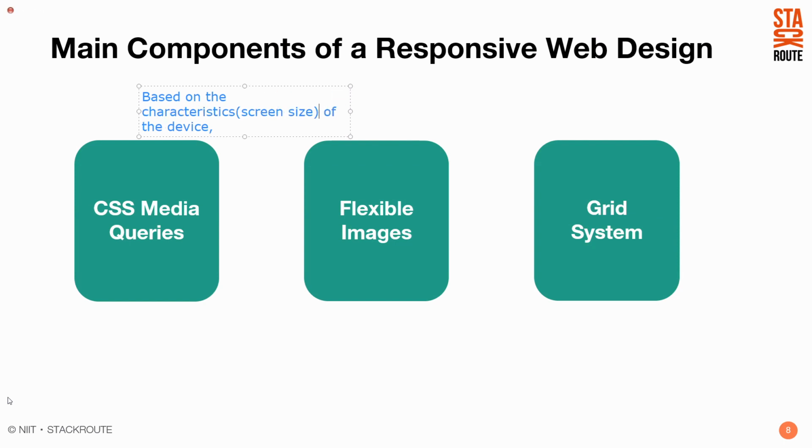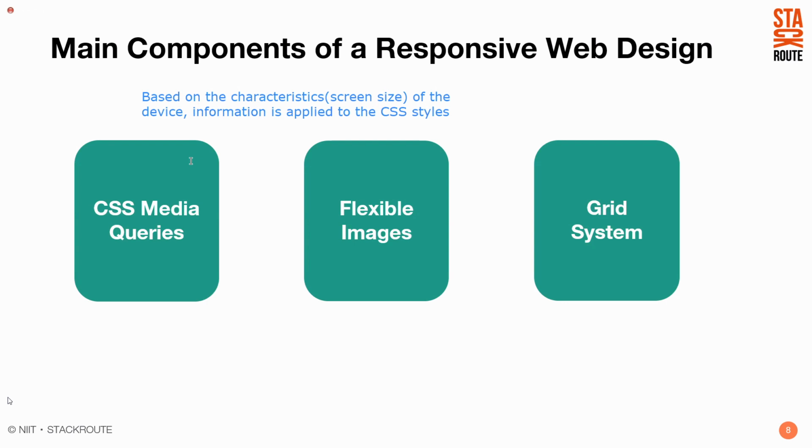Depending upon the characteristics of the device, irrespective of whatever device I am using, my CSS media query will apply the style to my information. Information is styled with CSS.